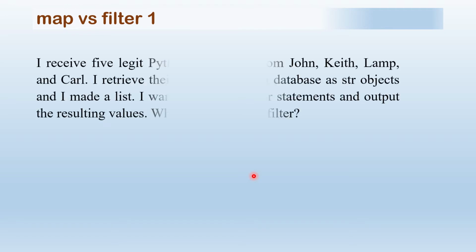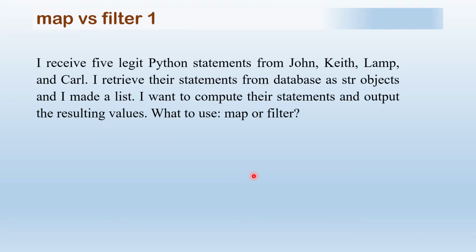The best way to understand these 2 functions is to apply them to various problems. The first problem I'm going to apply them to is something like this. Let's say I have 5 Python statements, and I put these Python statements in a list as string objects.